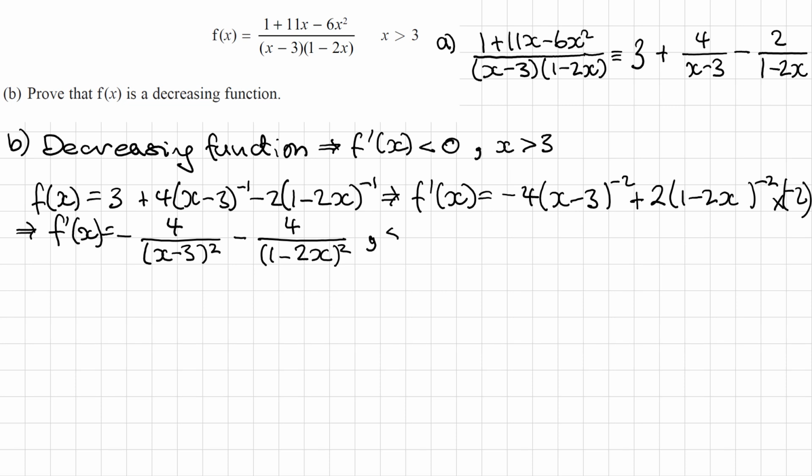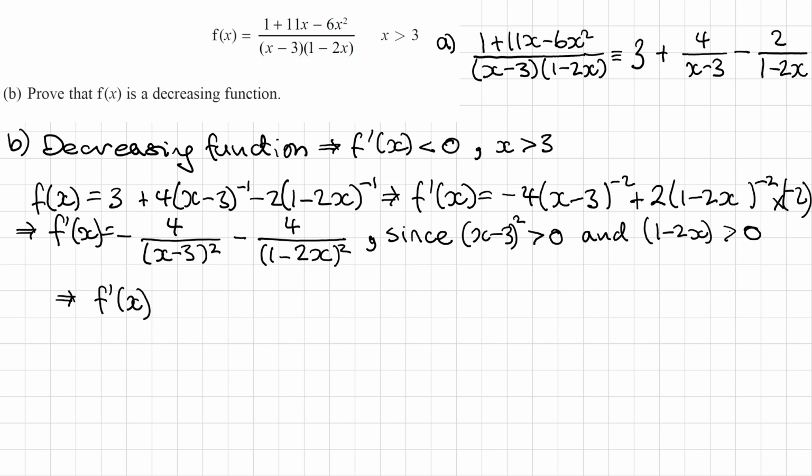Now, what we'll say here, since it doesn't matter what value of x you put in, greater than 3 or otherwise, (x - 3) all squared is greater than 0, and (1 - 2x) all squared is greater than 0, what we'll have with f'(x) is negative 4 over a positive number, minus 4 over another positive number.